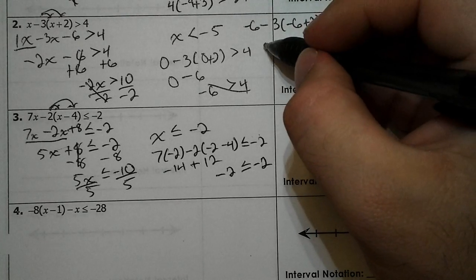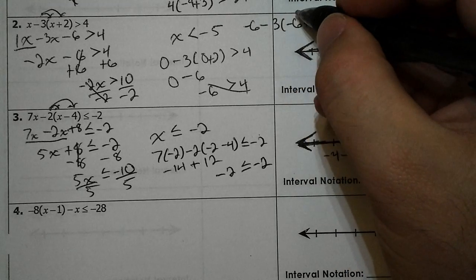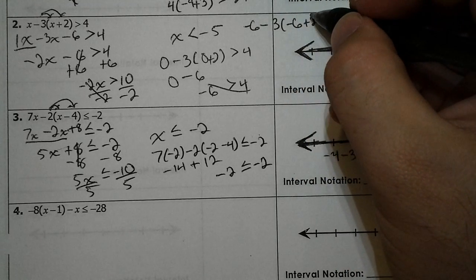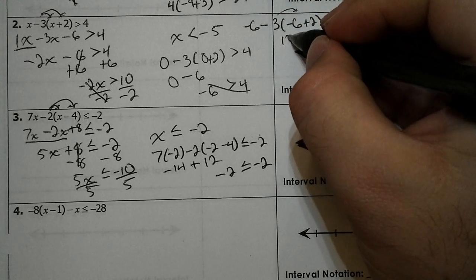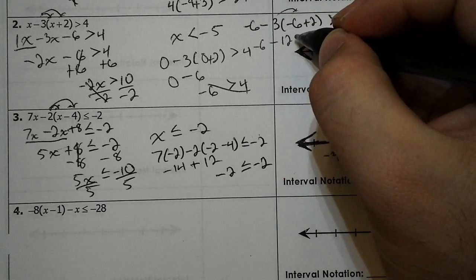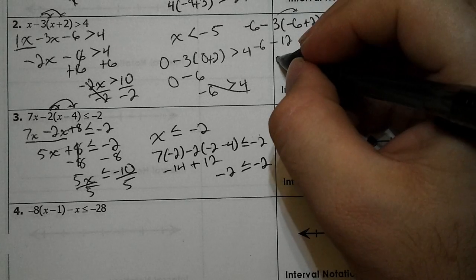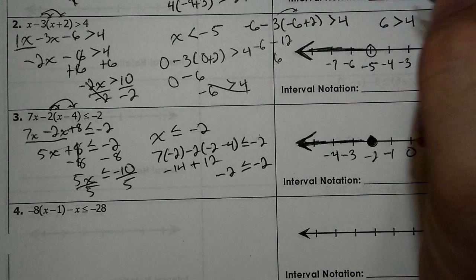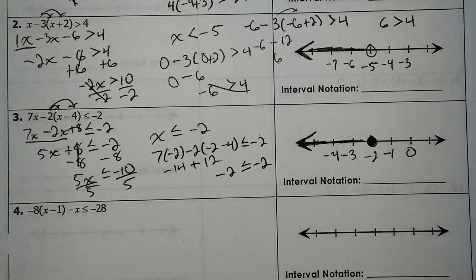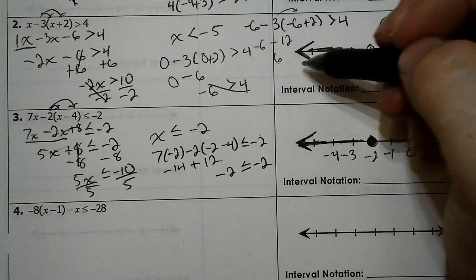So here we go. Negative 6 still there, negative 3 times, and this is going to be negative 4, which will give me positive 12. And negative 6 minus 12 is actually positive 6. So is 6 greater than 4? Yes, and that's what we needed. So all of these numbers should work.